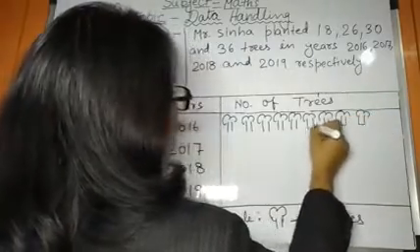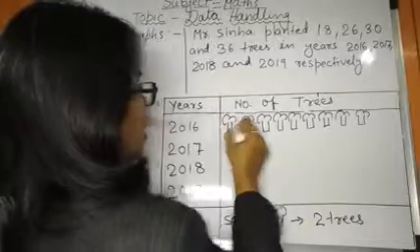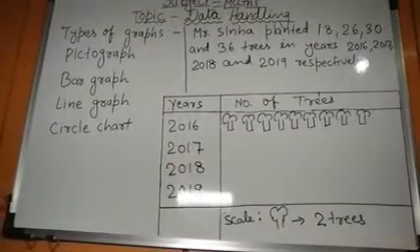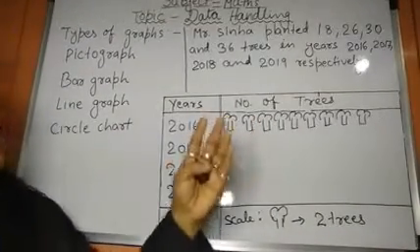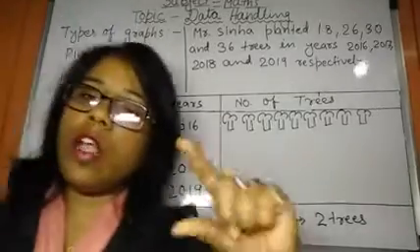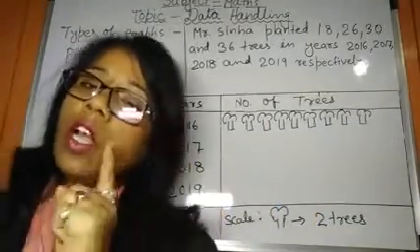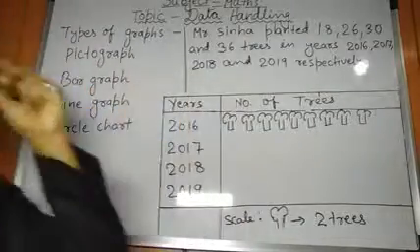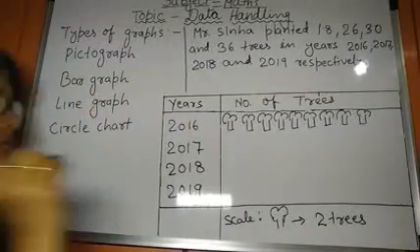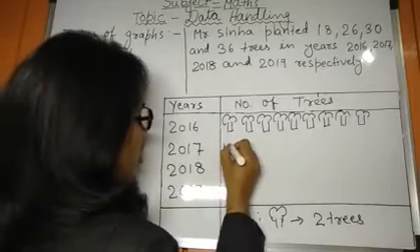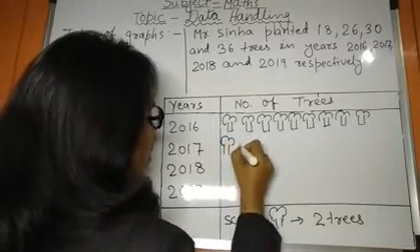So we have to make only 9 trees here. Fine. Now in 2017, how many trees are needed? 26. For one symbol you are using 2 trees. So for 26 you have to make only 13 symbols of trees.